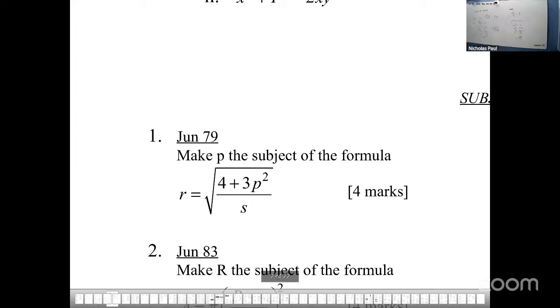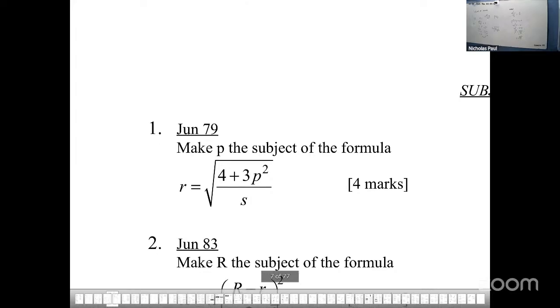Cross multiply. Now we can't do that as yet. Why can't we cross multiply? Because of that big square root sign there, right? So the first thing you can do is get rid of the square root sign.